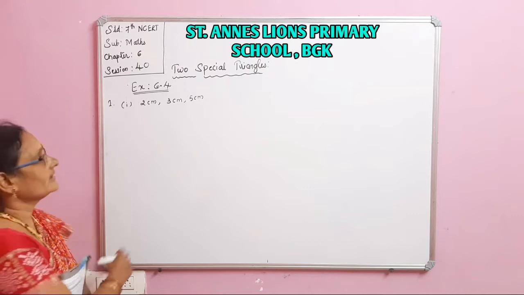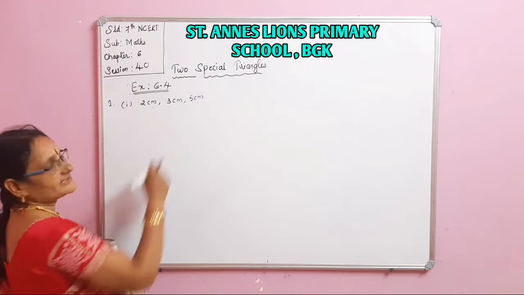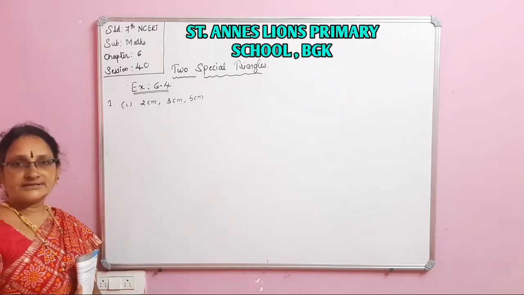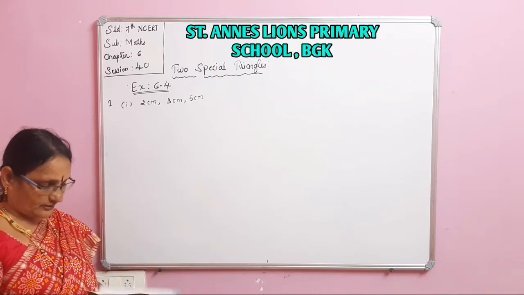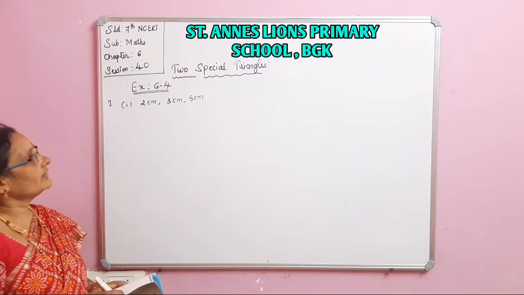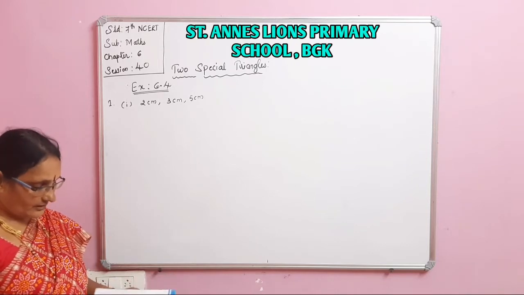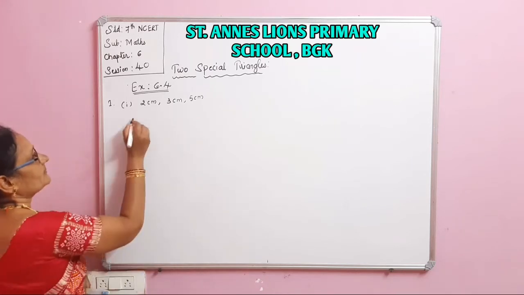We'll see. Okay. See, 2 plus 3 is 5. 5 is equal to 5. Is it possible? Whether it is possible to construct this triangle or not, we will see now. In 6.4, first one, it is not possible.